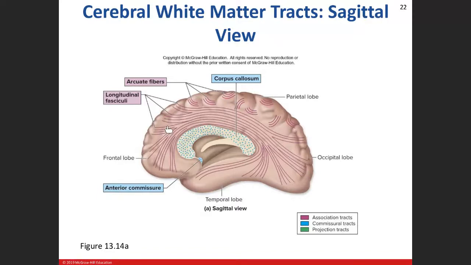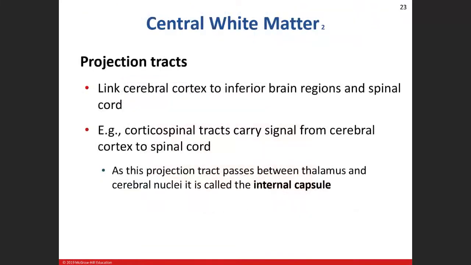Okay, cool. And then our commissural tracts are going to cross over from left to right or right to left. Here's the corpus callosum, the biggest commissural fiber bundle in the brain. Then you've got the anterior commissure here, and the posterior commissure is going to be back here. It's not depicted.